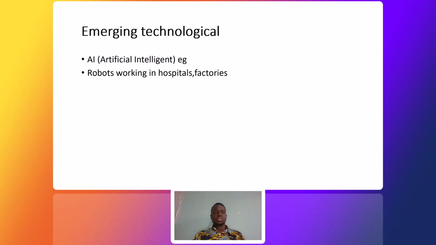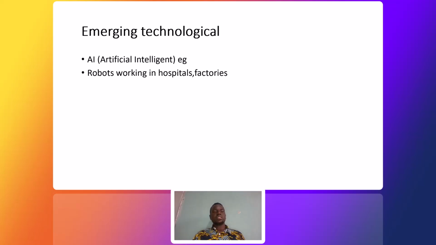Also, there is this emerging technology, AI, artificial intelligence. It helps a lot, especially in the education department and in research. Students majorly use artificial intelligence. Nowadays, even if you don't go to school, you can learn through AI.